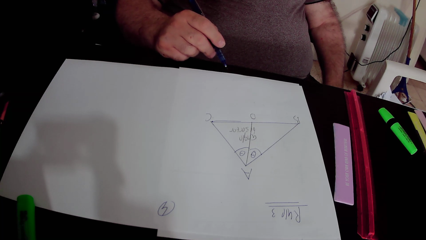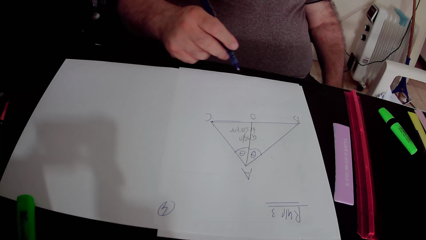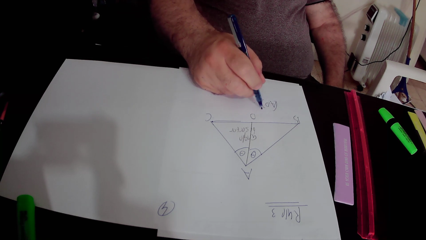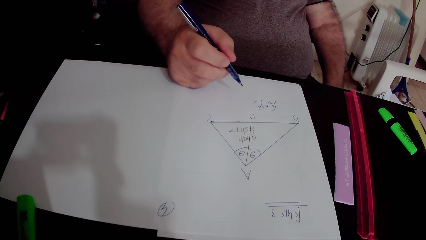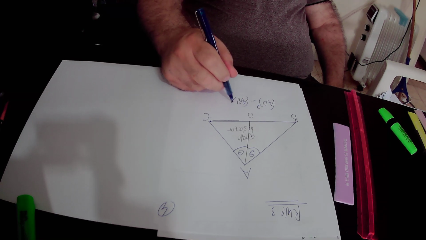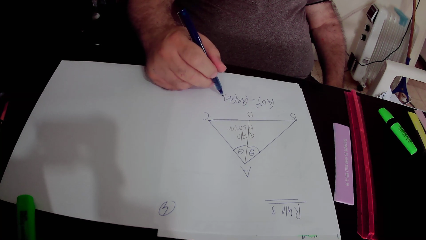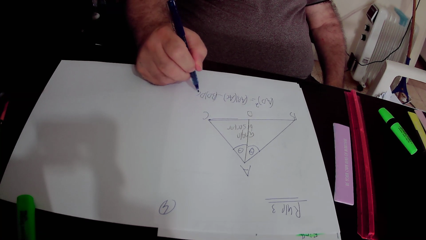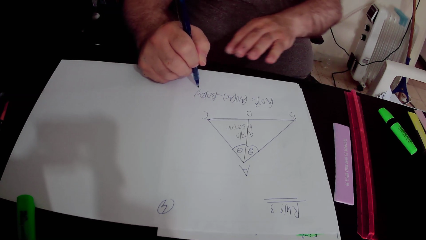So according to rule number 3, the following equation is true: AD squared equals AB times AC minus BD times DC. I'll repeat again.